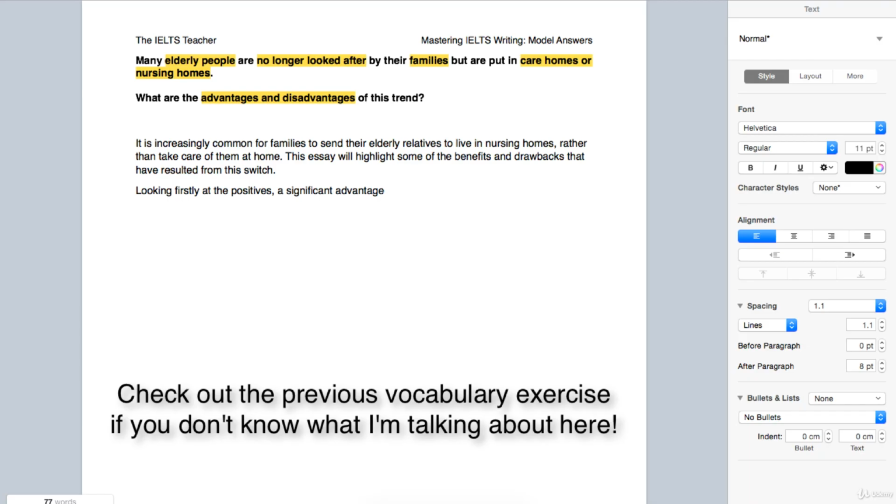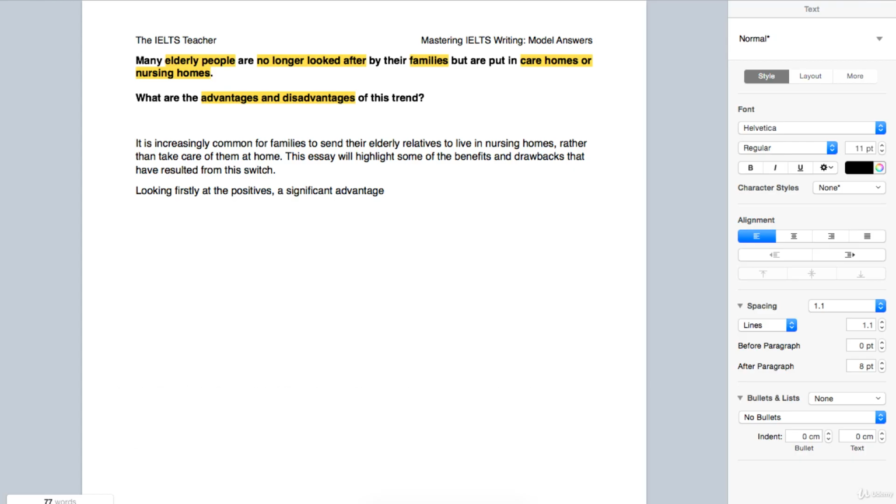But in this particular scenario, with a significant advantage, you could replace this adjective with any of those other four: an important advantage, an essential advantage, a crucial advantage, a vital advantage, and then of course, as you have here, a significant advantage. But do be careful with those. Maybe have a look at some examples before you go replacing all of them with one another, because it's not going to work like that. But it is a nice word to remember: vital. Okay, a significant advantage is that.